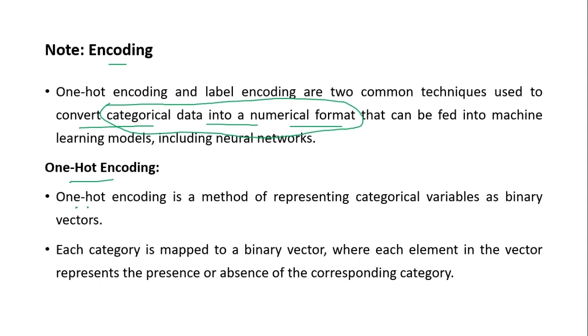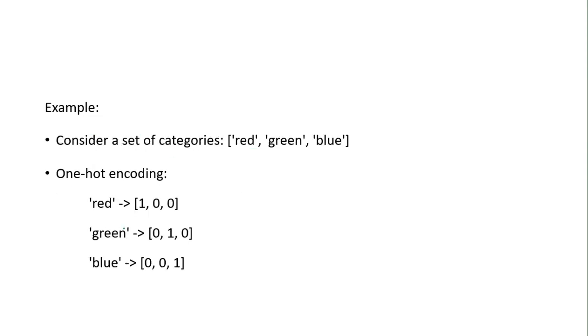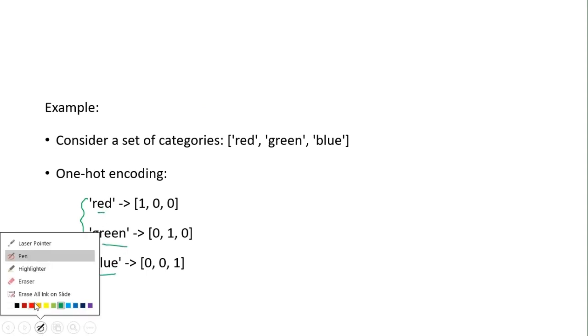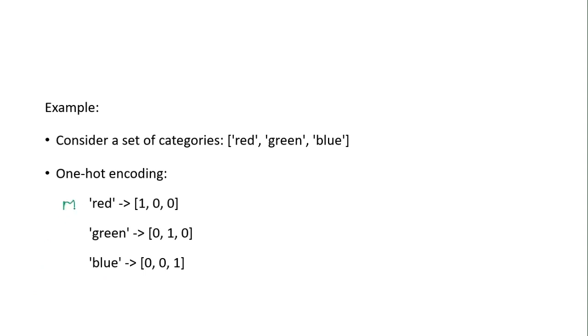One-hot encoding is a method of representing categorical data as binary vectors. Assume that you have three categories of data: red, green, blue. Or in our previous example, male, female, transgender. Red will be encoded as 100, green will be encoded as 010, and blue as 001.